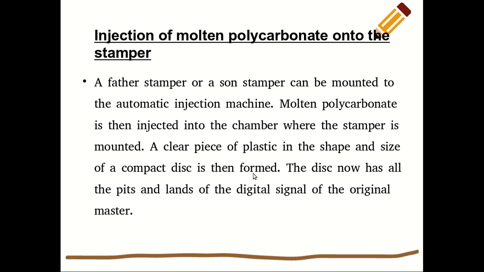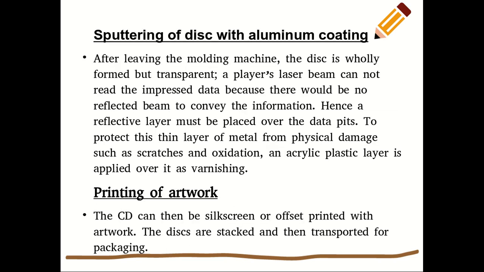The data is stored on the CD as per our wish, but the next process is quite important one. The next process is coating the CD with aluminum layer, a reflective metal layer.